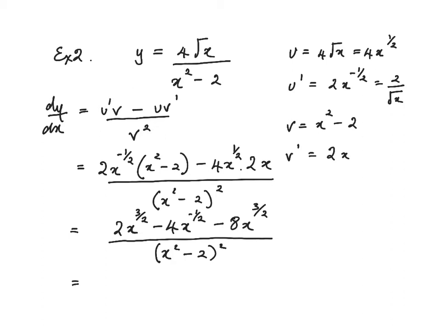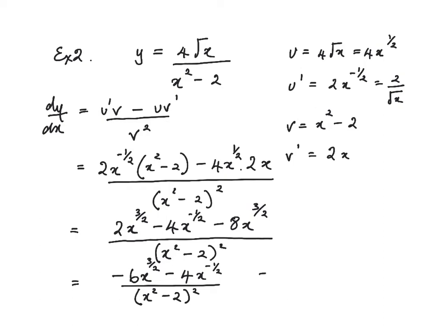So that gives us minus 6x to the 3 over 2 minus 4x to the power of minus 1/2 over x squared minus 2 all squared.